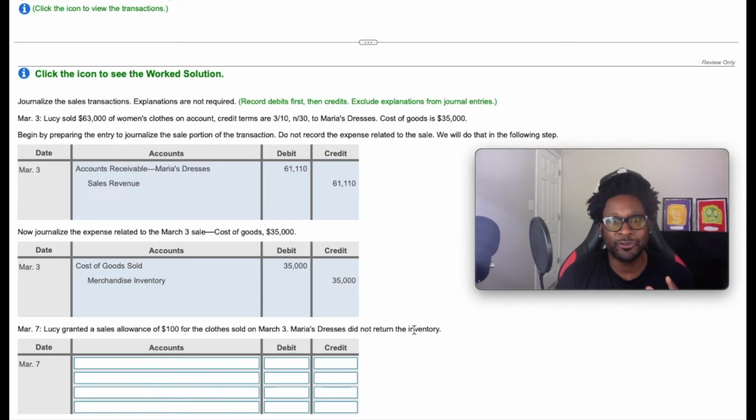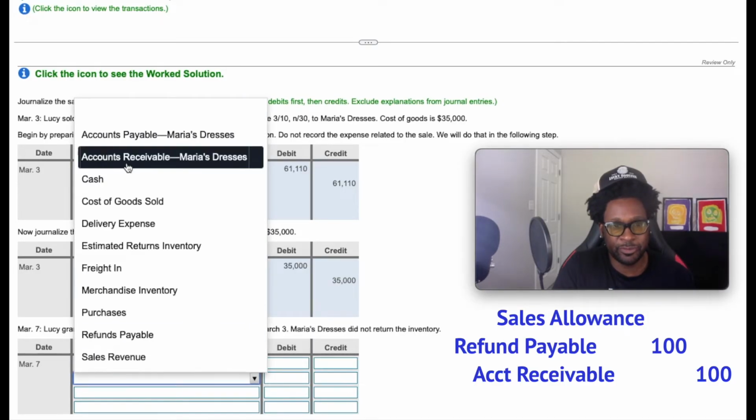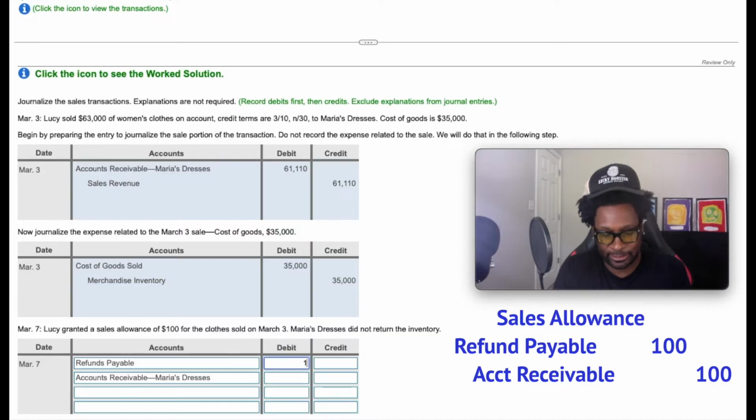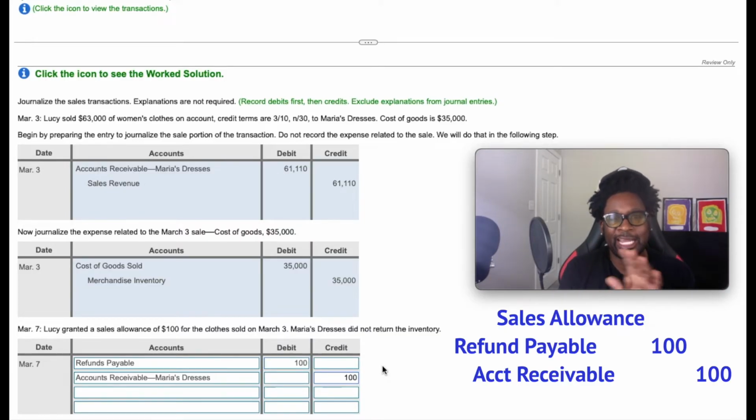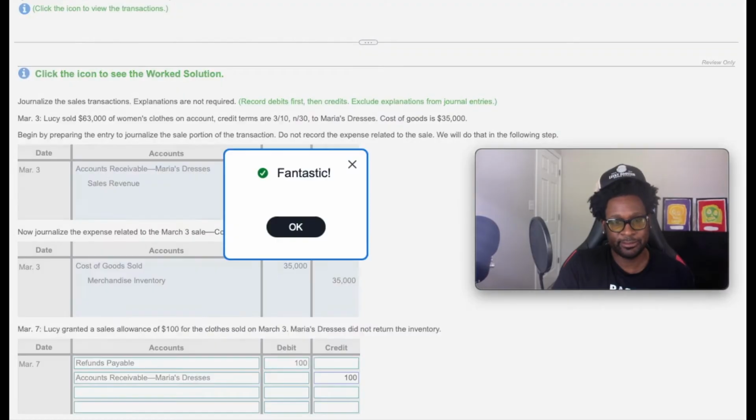And since we're going to reduce the amount that's owed to us for the inventory, we're going to debit refunds payable and credit accounts receivable for $100. Now, gang, since this is an allowance and not a return, it has no effect on our estimated inventory returns or our inventory accounts. So this is the only transaction that must be recognized. We're going to check the answer.